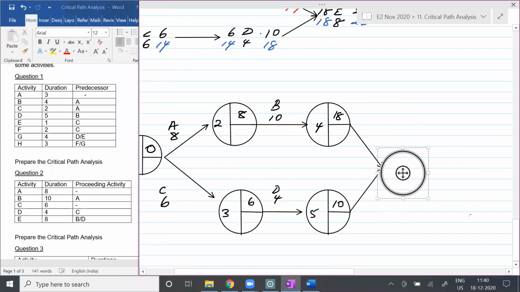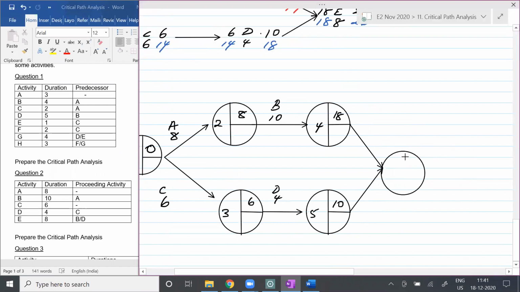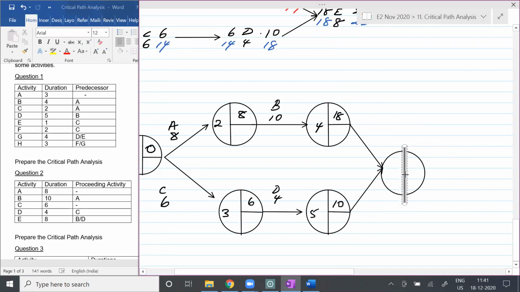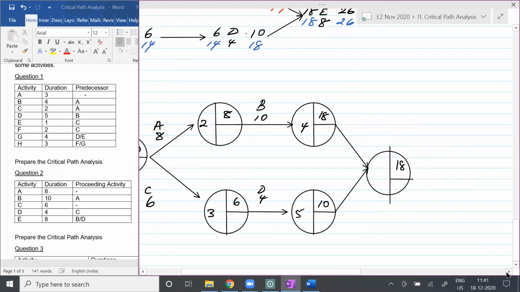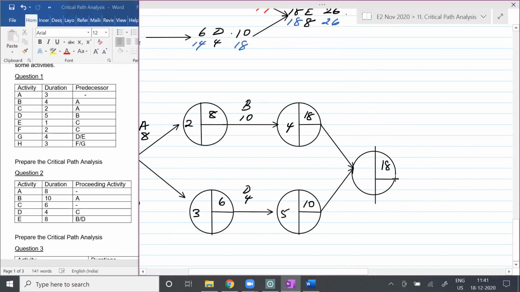So if these two are completing, now we need to go for the highest number. What is the highest number between these two, students? 18 and 10. It is 18. So I'll put this as 18. If this is over, then only you can proceed with E. And for E, it will take how many days, students? 8.